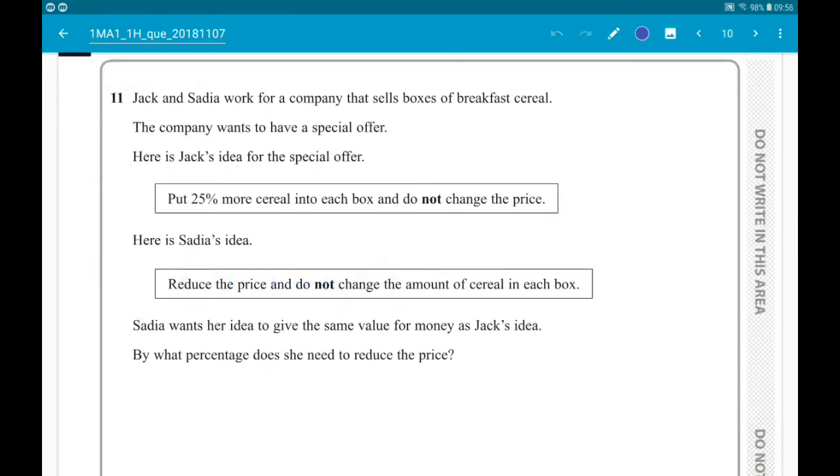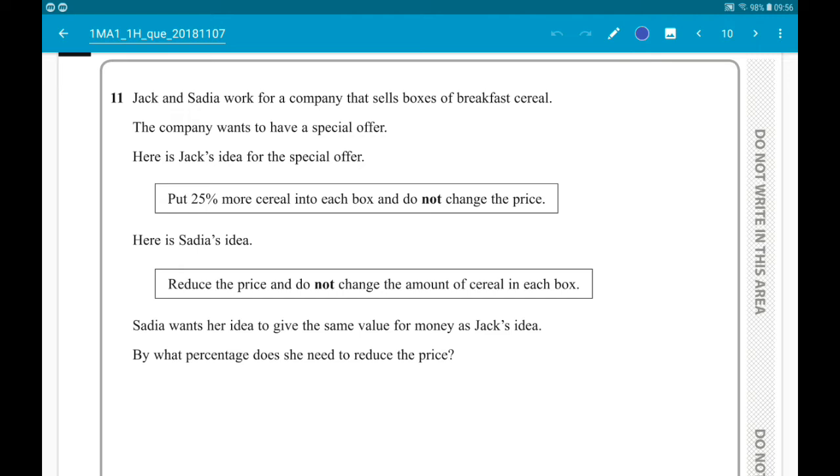Okay, number 11. This is going to be a really weird one to explain, but I'll do my best. So, Jack and Sadia, maybe, work for a company that sells boxes of breakfast cereal. The company wants to have a special offer. Here is Jack's idea for the offer.